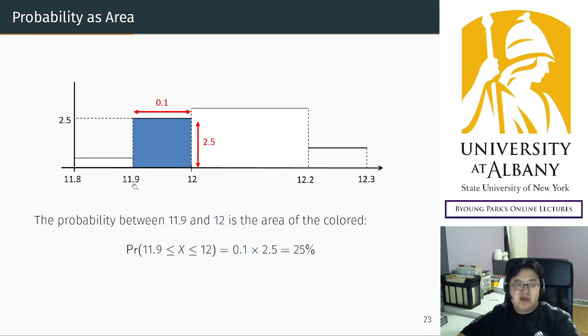Exactly. So the probability between 11.9 and 12 can be calculated this way. First, the width is obviously 0.1, the difference between 12 and 11.9. You multiply by the height. The height is 2.5 because the graph is at the 2.5 line on the vertical axis.